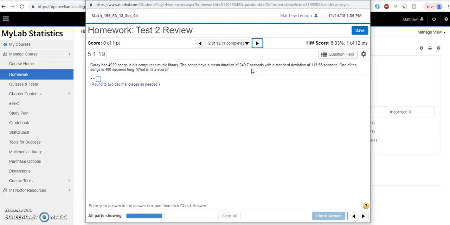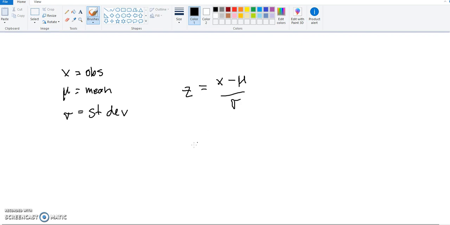You take the observation, which is 400, minus 249.7, and then divide that by the standard deviation of 113.58, and that will give you a value of 1.32 if you round.